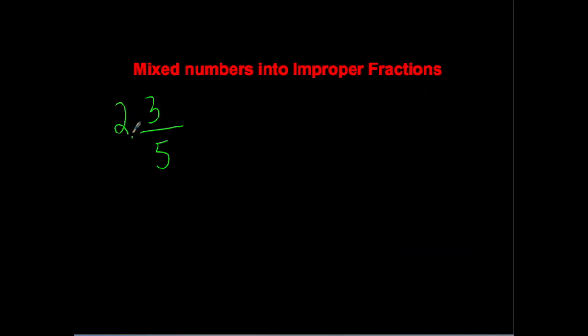Let's say you have this mixed number, 2 and 3/5. You need to change the mixed number into an improper fraction. Now you're going to do the inverse of what you did last time. Last time you did division, then subtraction.